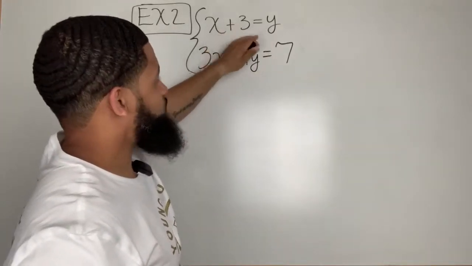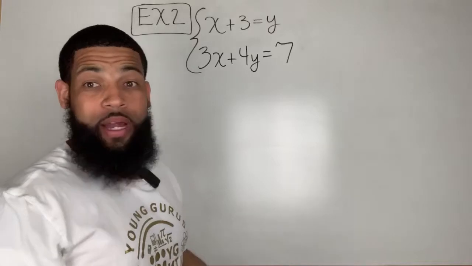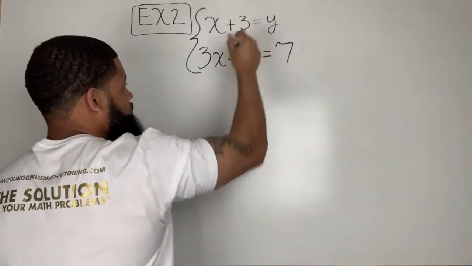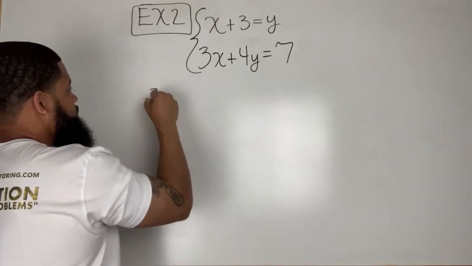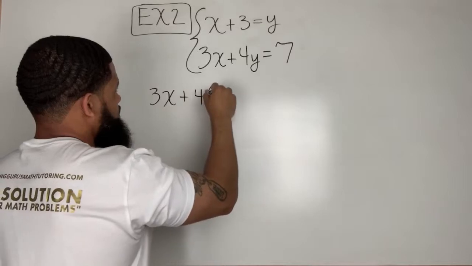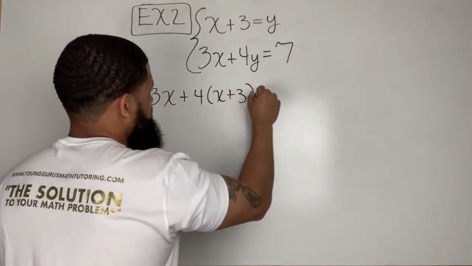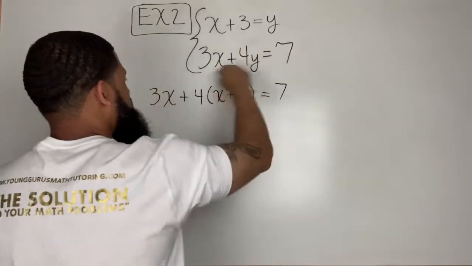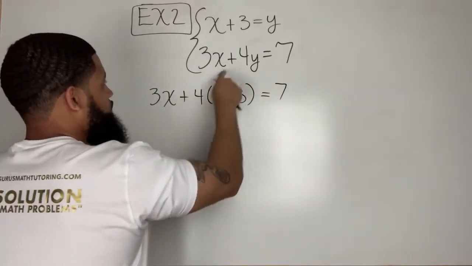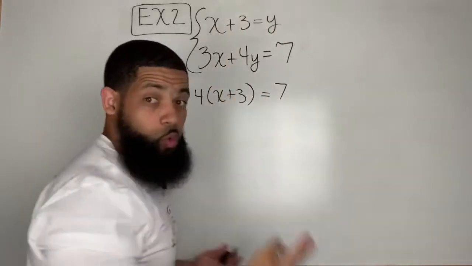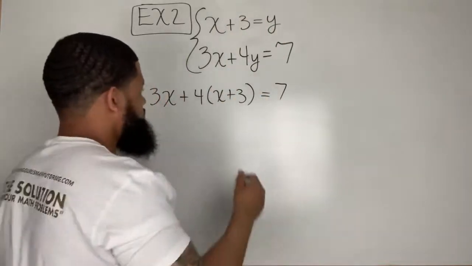So if x plus 3 equals y, that's the same thing as saying y equals x plus 3. So I'm going to substitute that into this equation right here. I'm going to say 3x plus 4 times (x plus 3) equals 7. So all I'm doing is rewriting this equation, 3x plus 4, and then I substitute x plus 3 for y, because y is equal to x plus 3.